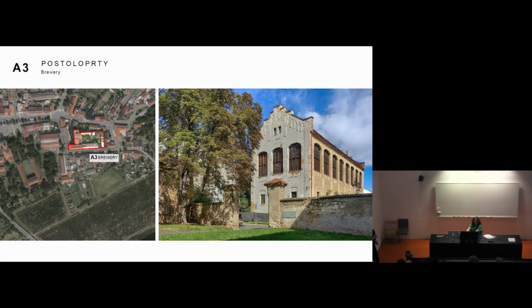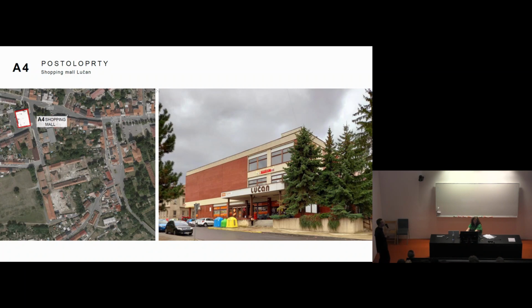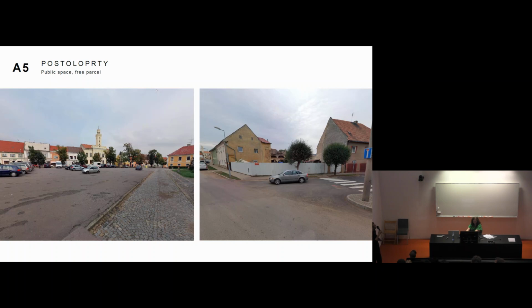The old brewery area, it's the production of beer, naturally. And these are some contemporary architecture from the second part of the 20th century. This shopping mall, big question what to do with it.